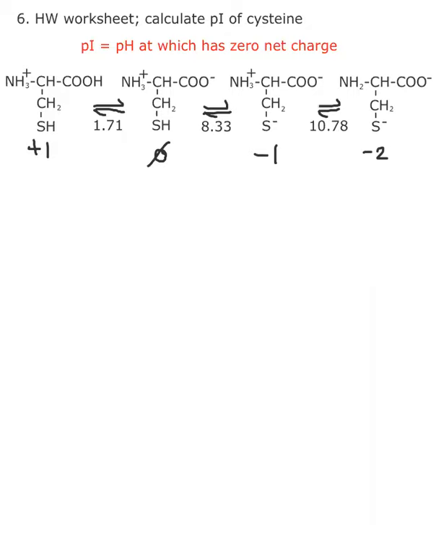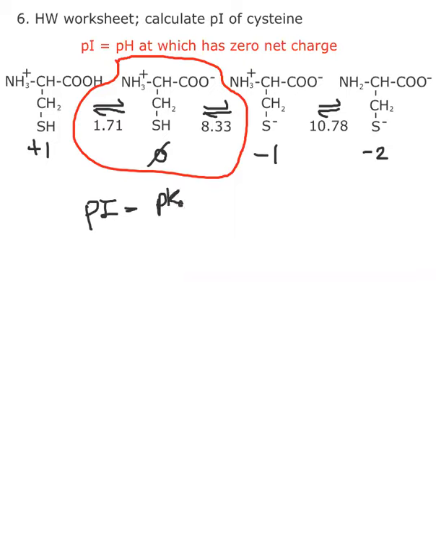So to calculate the pI of this structure, there's one equation that you can use here. pI will be the average of 2 pKa, so pKa1 plus pKa2 divided by 2. Which pKa should you plug into this equation?